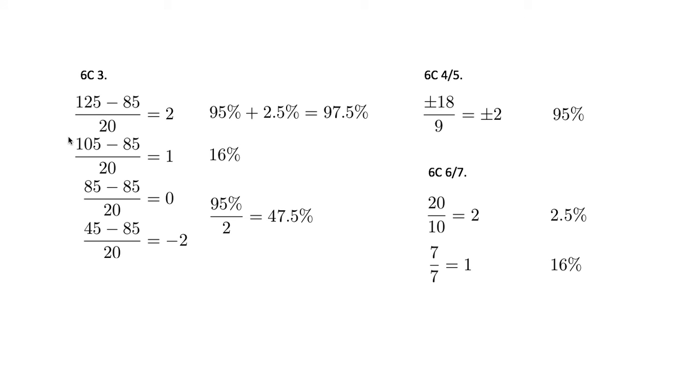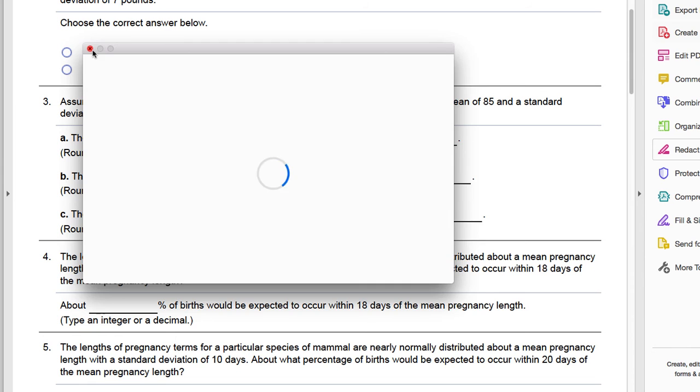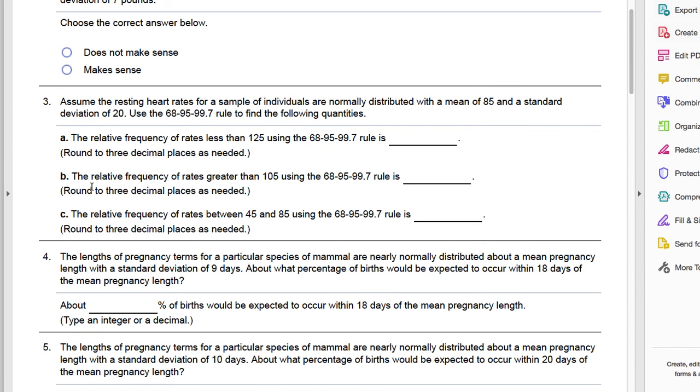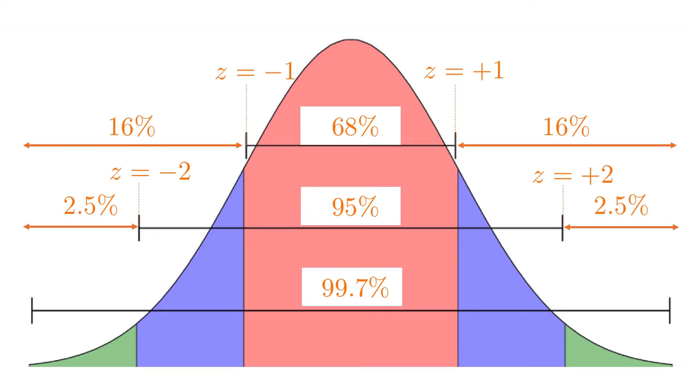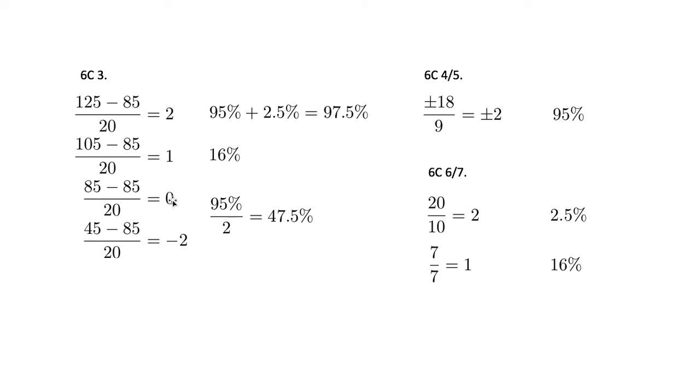For this next one, 105, we have greater than 105. Back to my graph. 105 corresponds to a z-score of 1. 16% is above a 1. And then for the last one, it was in between these two values.